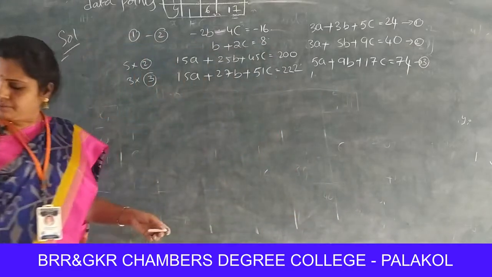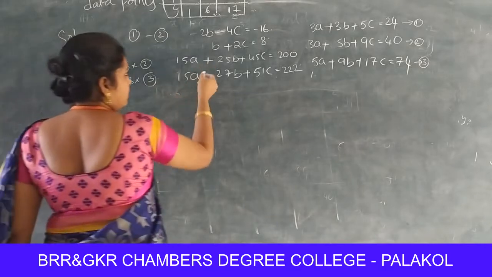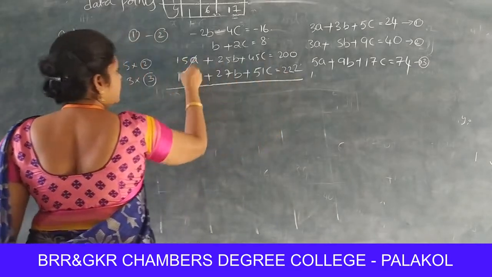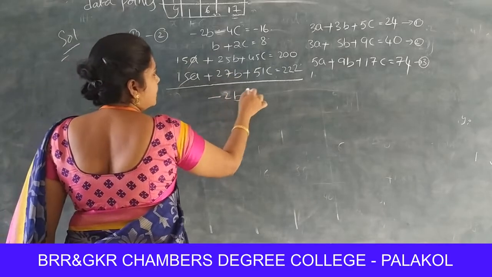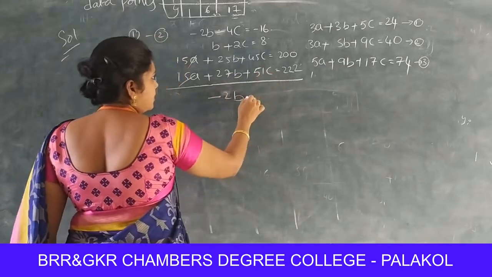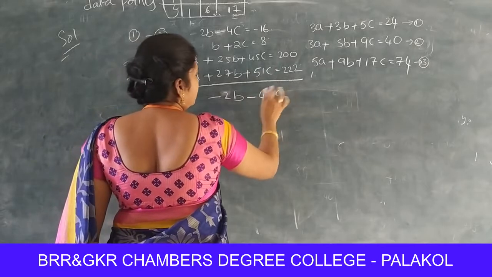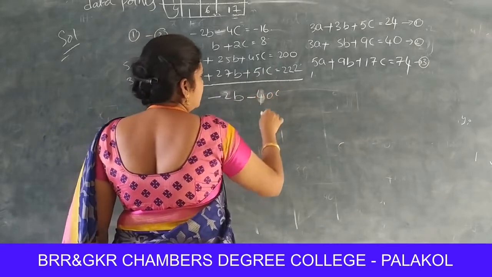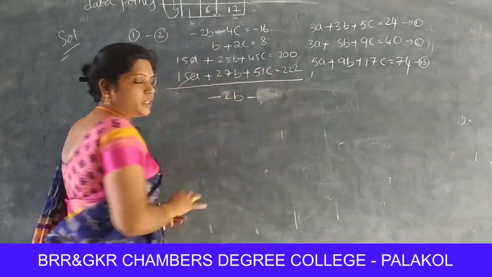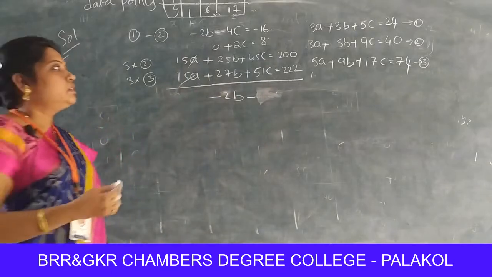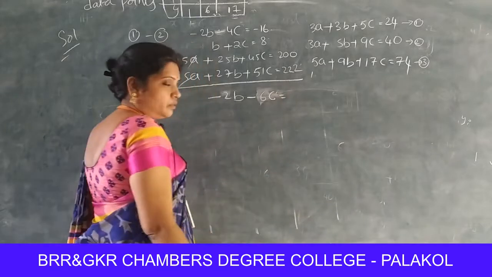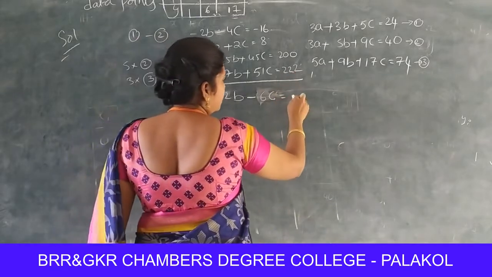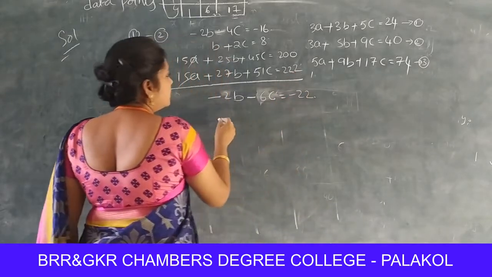By this procedure we solve these two equations to get the values. Subtract these two equations, then we get 2B minus 40 plus 40C... 51C minus 45C is 6C, and 222 minus 200 is 22.